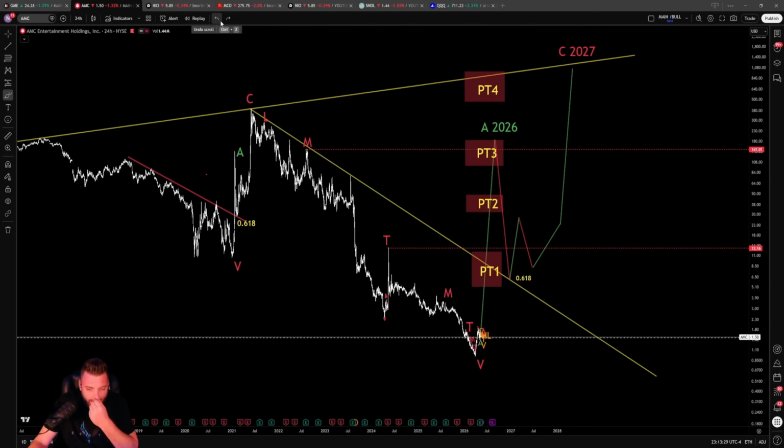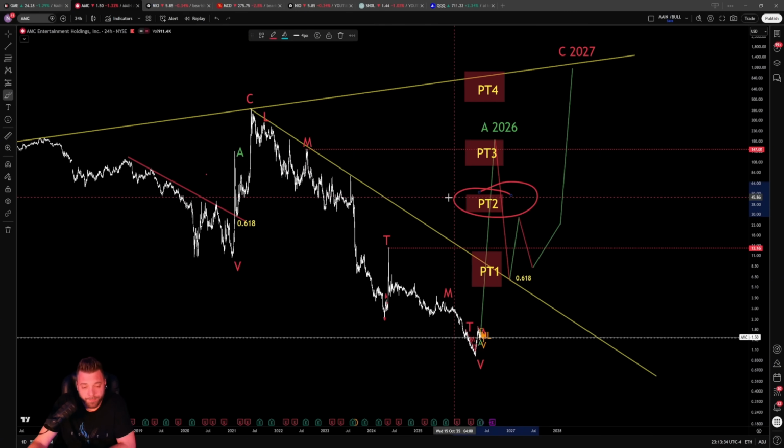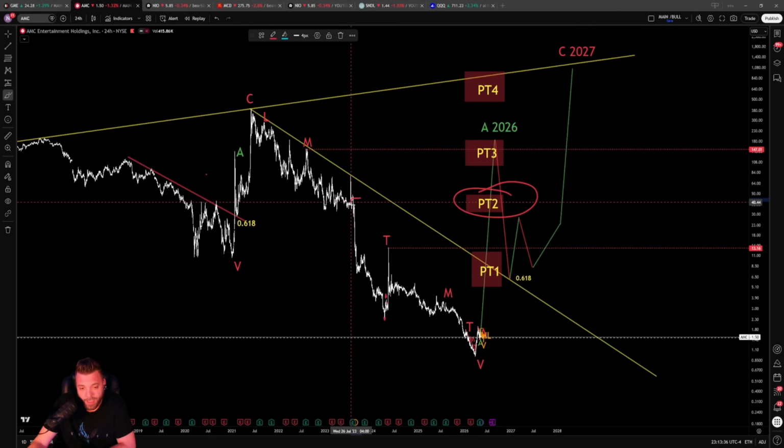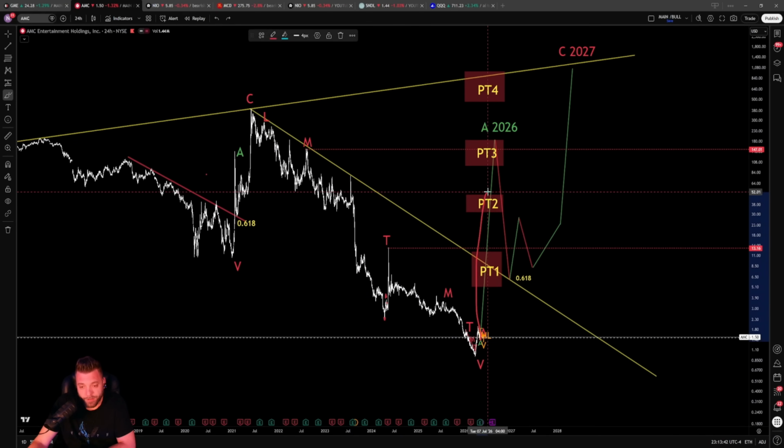Okay. Next one. Price target number 2. It's just there because we have a gap here. It's the last gap for AMC. And also to say this, if we do this, this would be even normal charting fundamentally at trend change.